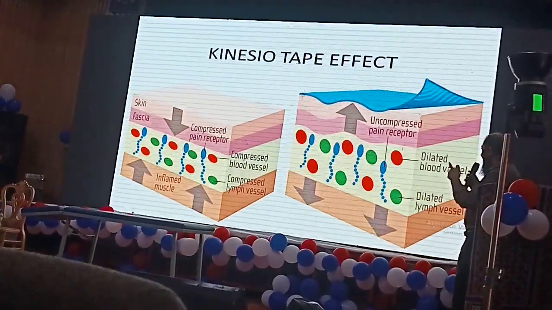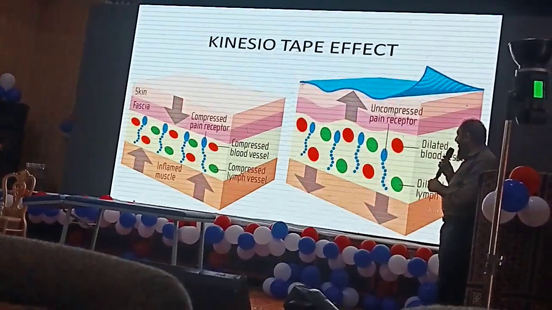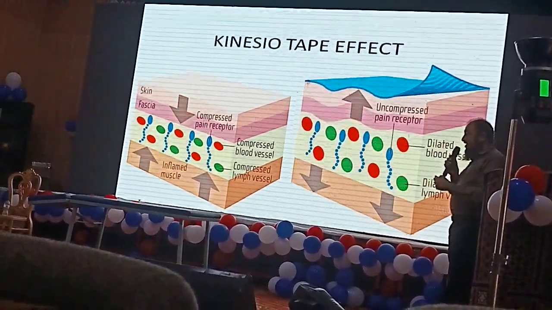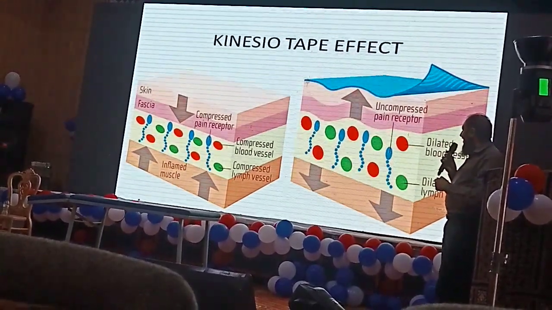This is a quick example of it. If you look at the picture on the left side, you have the skin. If the skin is tight, it compresses the fascia.